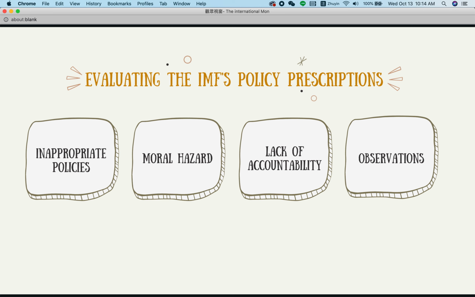The IMF has always insisted on the conditions of tight macroeconomic policies, including cuts in public spending, higher interest rates, and tight monetarist policies.